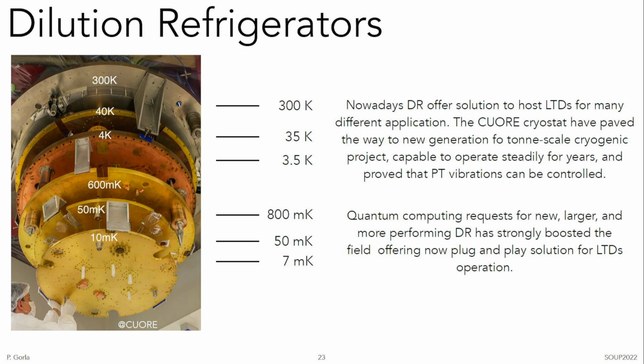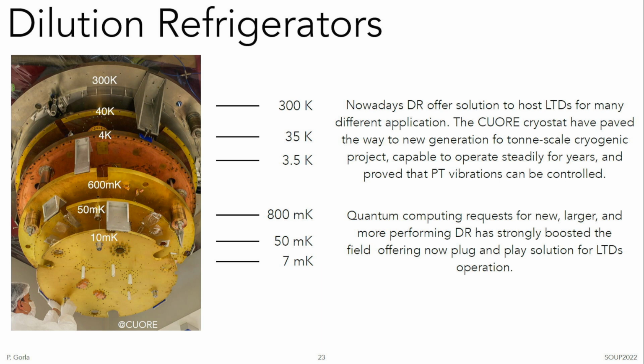And again, as I told you, the quantum computing community is boosting even more the technology of dilution refrigerator. So starting from this experience, now there are many companies which are offering on their catalog dilution unit which have a cooling power comparable or even greater than the Quore cooling power.